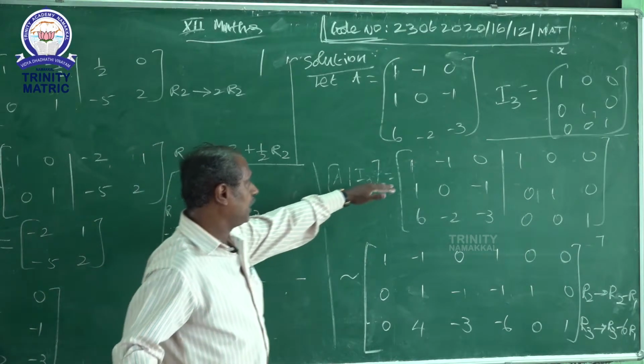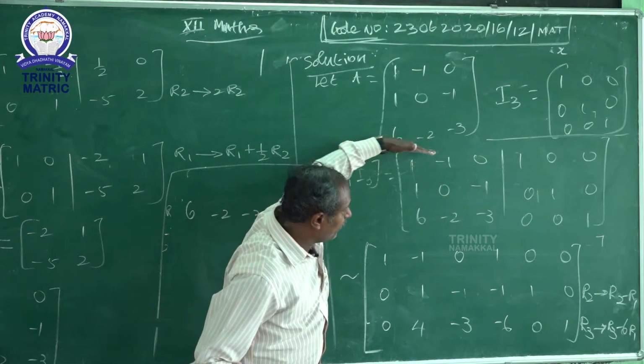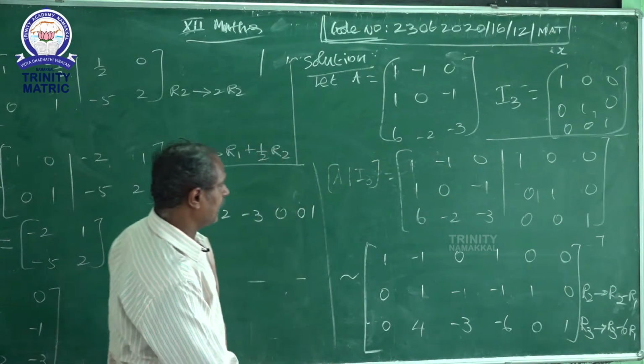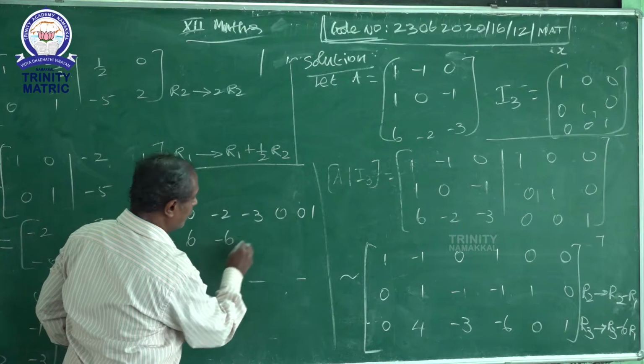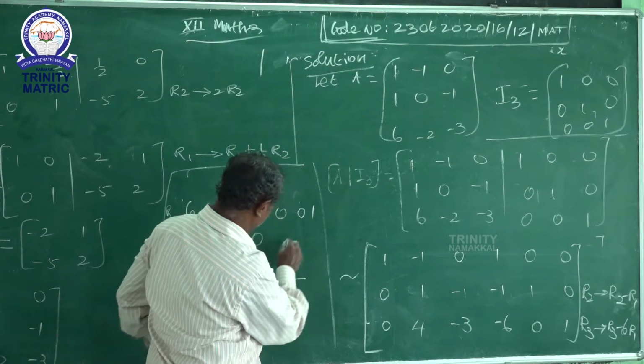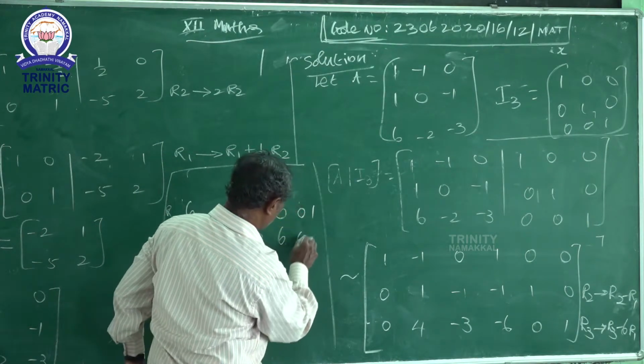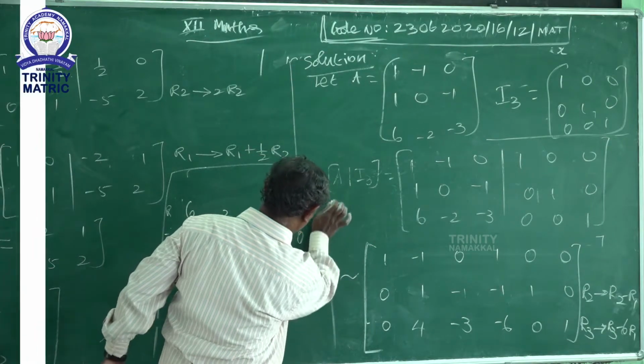Next multiply the first row by 6: 6 into 1 is 6, 6 into minus 1 is minus 6, 6 into 0 is 0, 6, 0, 0.